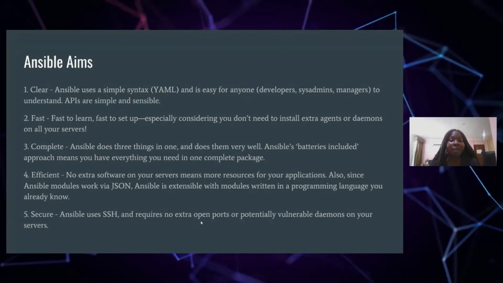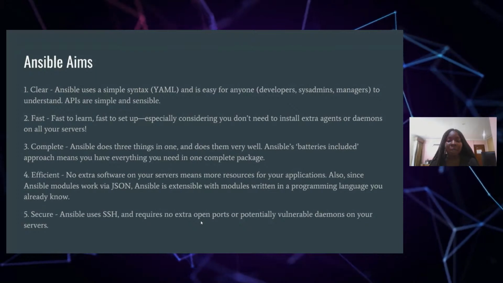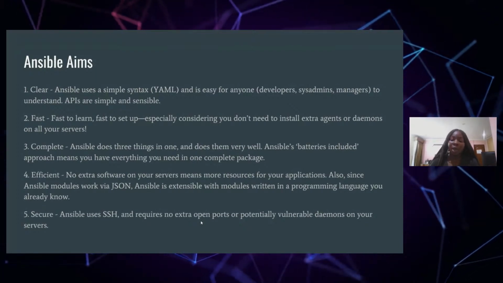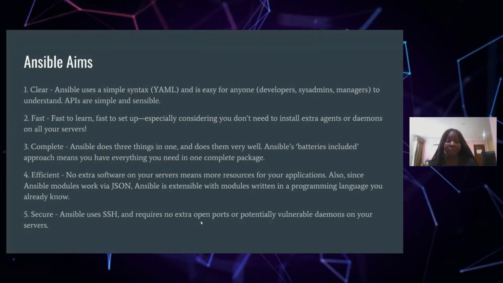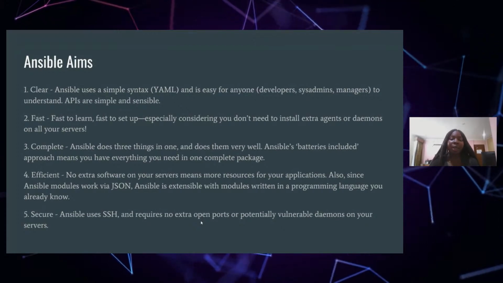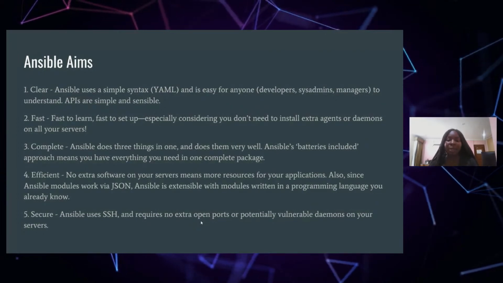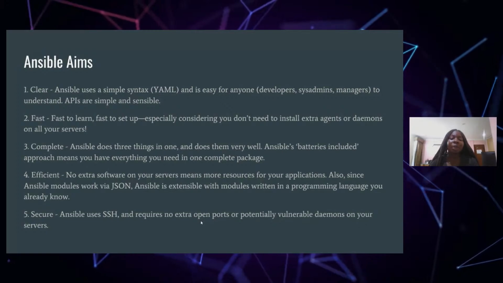The second thing is that it is very fast to learn and you can set it up easily. The reason is that with other configuration management tools, you have what we call master and slave agents. You have one system as the master that controls the other agents, the slaves, that's the other computers. But with Ansible, you don't need that.